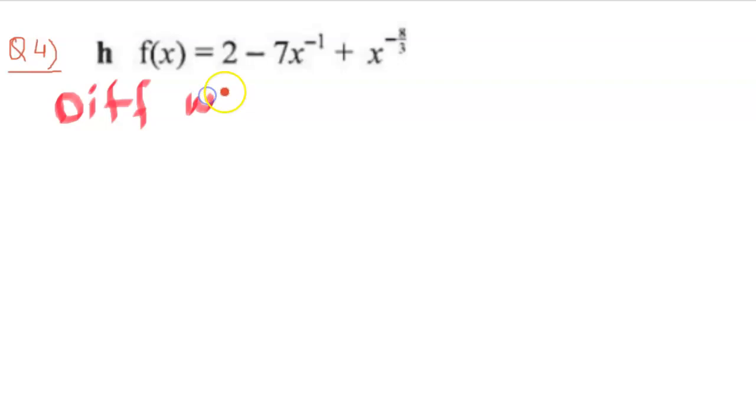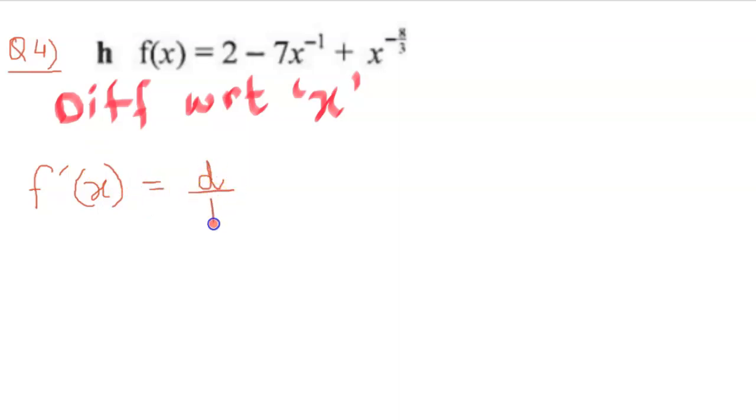When I differentiate, that side becomes straight away f dash x, and for this one, d over dx of the whole thing, 2 minus 7x minus 1 plus x to the power minus 8 over 3.